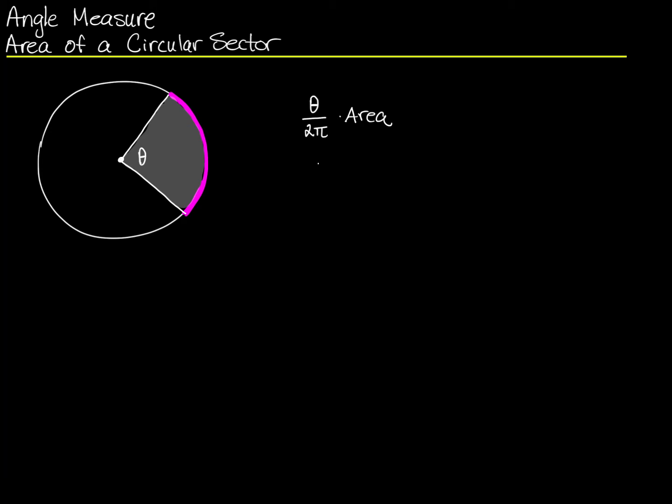Well, the area of a circle is pi r squared. If I cancel the pi's, I get theta times r squared over 2, or 1/2 r squared theta, depending on your preference for writing it.